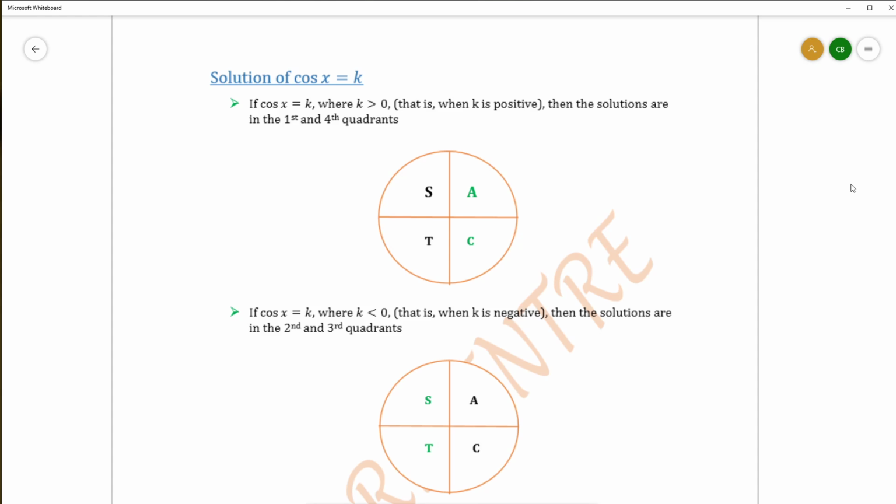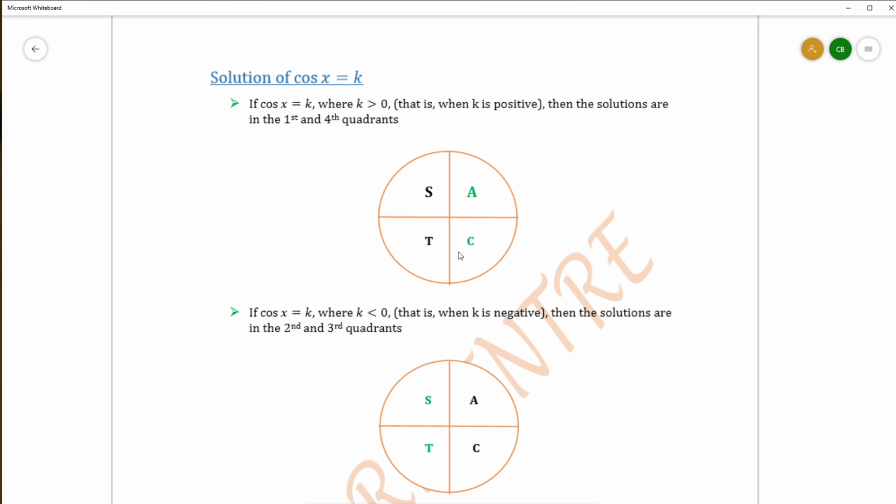Now we are going to look at solutions of cos x equal k. So again, just as before, we have two cases, which is when k is a positive number or when k is a negative number. So the first case, if cos x equal k, where k is greater than 0, that means that k is a positive number, then the solutions would be in the quadrants where cos is positive, and that would be in the first and fourth quadrant.